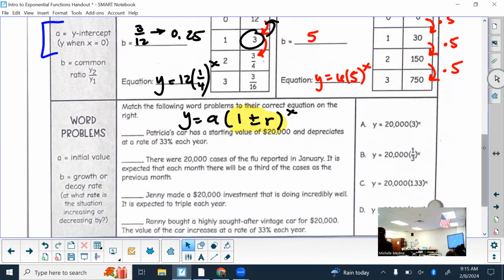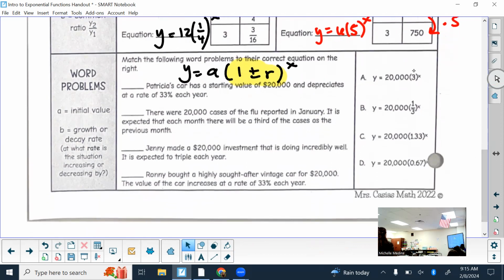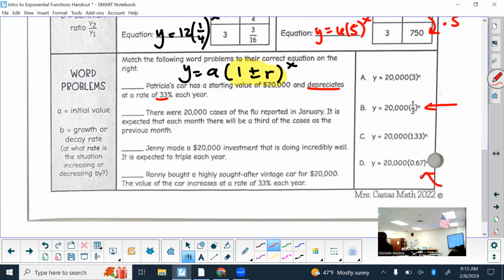It looks like for my matching part, all of them have the same initial amount, so that's not helping me. It's what they're having to multiply by each time. So if Patricia's car starting value was 20,000 and depreciates at a rate of 33% each year, first of all, what does depreciate mean? So really your only options for that one would be B or D, because those are the only ones that have b values that would indicate that it's decreasing.